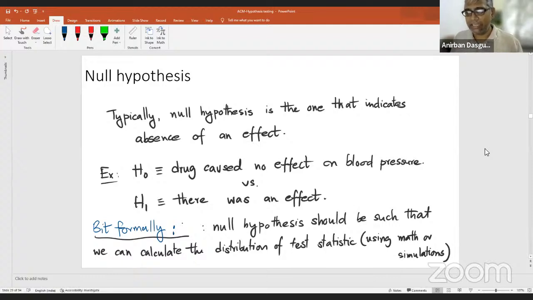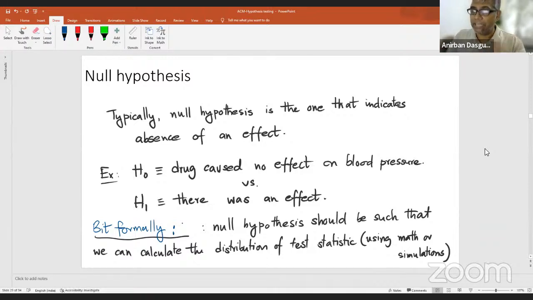If the null hypothesis is true, what is the probability that theta lies in this particular range? What is the probability that theta takes this extreme value? I should be able to make these kinds of statements, either by appealing to the central limit theorem, by appealing to explicit closed forms of the distribution under the null hypothesis, or by doing simulations assuming the null hypothesis. That should be the real, rigorous way of choosing the null hypothesis.